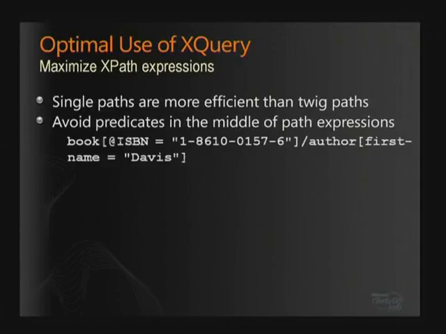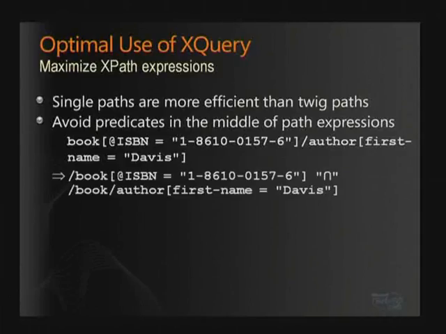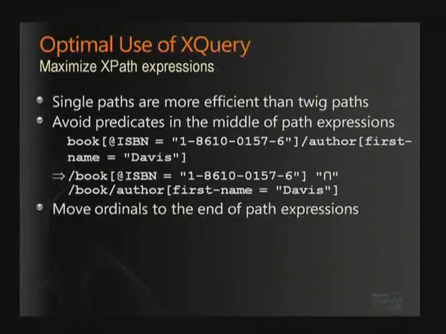So for example, this is a way where you have predicates in the middle of your path expressions. You might want to rewrite that into a query that basically splits the path expressions apart. Now, the data set I have, unfortunately, does not show any performance improvements doing that, so I'm not showing you an example, but for some data sets, this can lead to performance improvements as well.